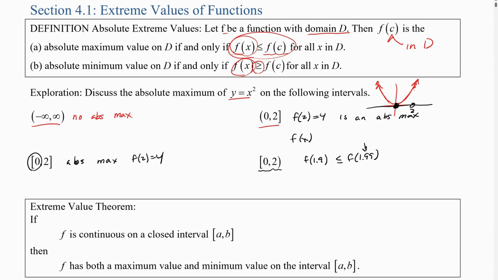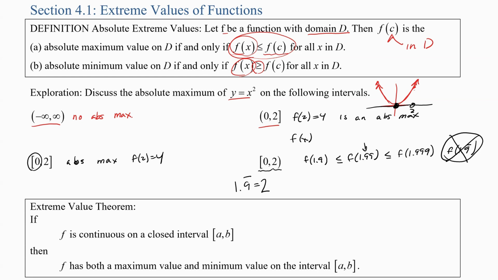You say, well, then how about f of 1.999? And I said, well, no, I could produce a bigger value than that. And then you said, well, I got you beat next time. I'm going to say, I got a value and it's f of 1.9 repeating. And I say, yeah, that would be bigger, but that's not in the domain because 1.9 repeating is exactly the same as the number 2.